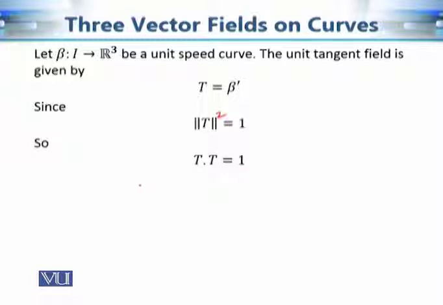Now we know that given any 2 vector fields v and w, we can calculate the derivative of their dot product using the formula v prime dot w plus v dot w prime.